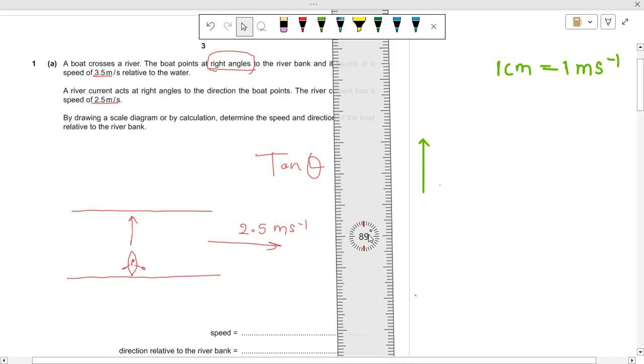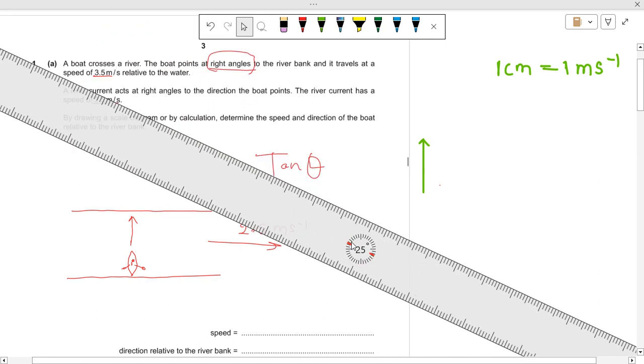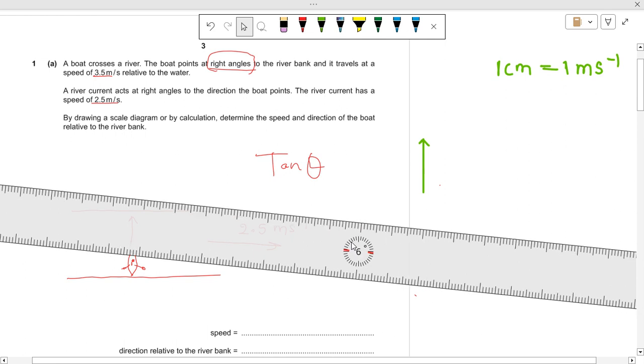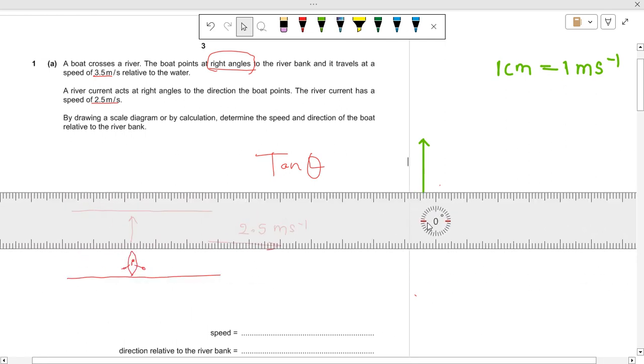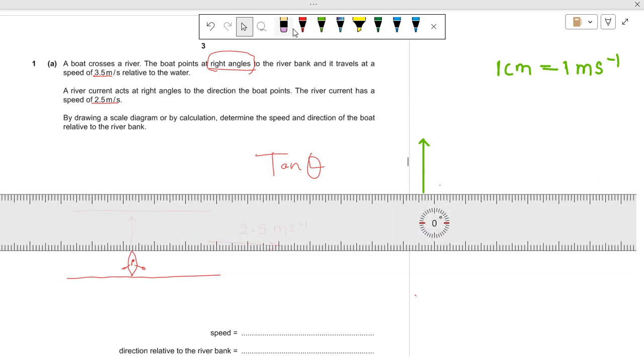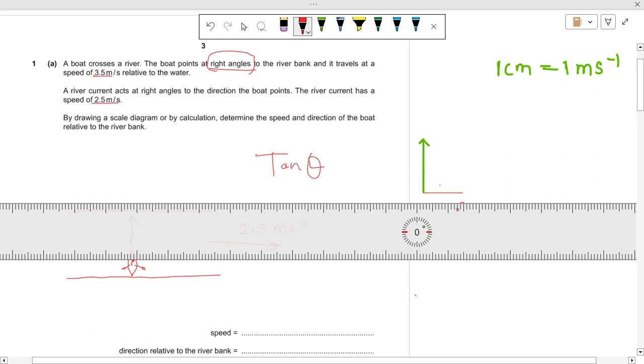For the boat, it is clearly mentioned that both speeds are perpendicular to each other, so at a right angle. I'm using red color for the speed of the river current, that is 2.5 meters per second. Our scale is 1 centimeter per 1 meter per second, so it should be this much.